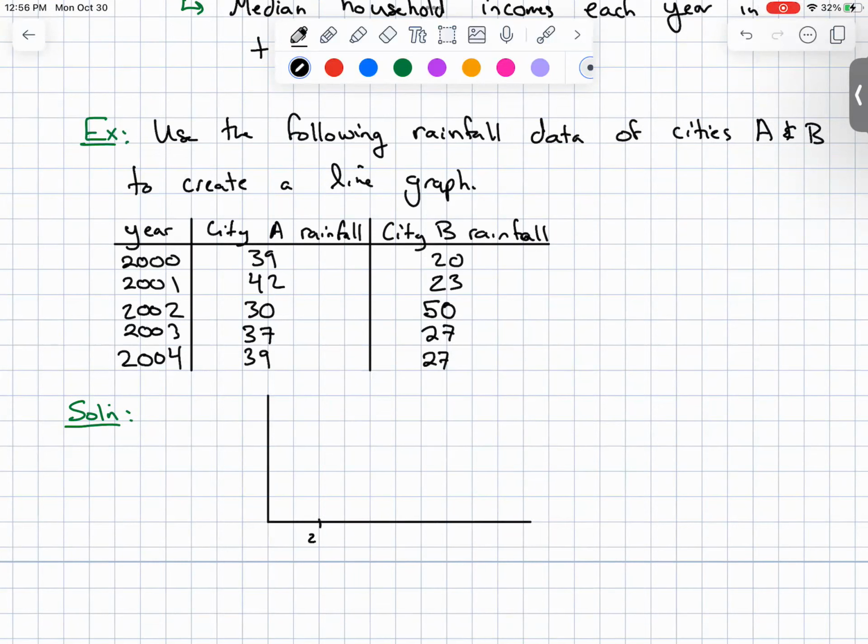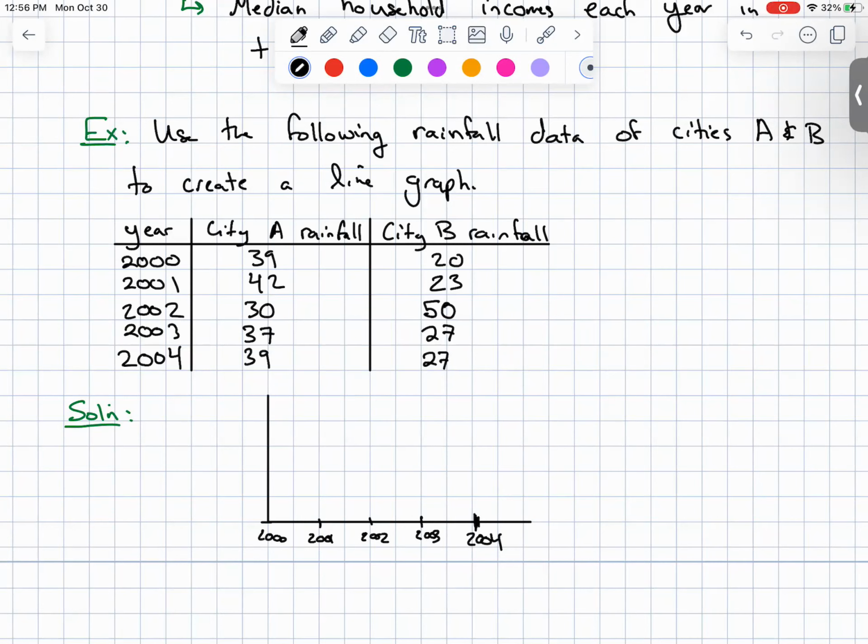So let's go 2001, 2002, 2003, and 2004. And then the starting point is 2000. And let's just make it go up in increments of 10.